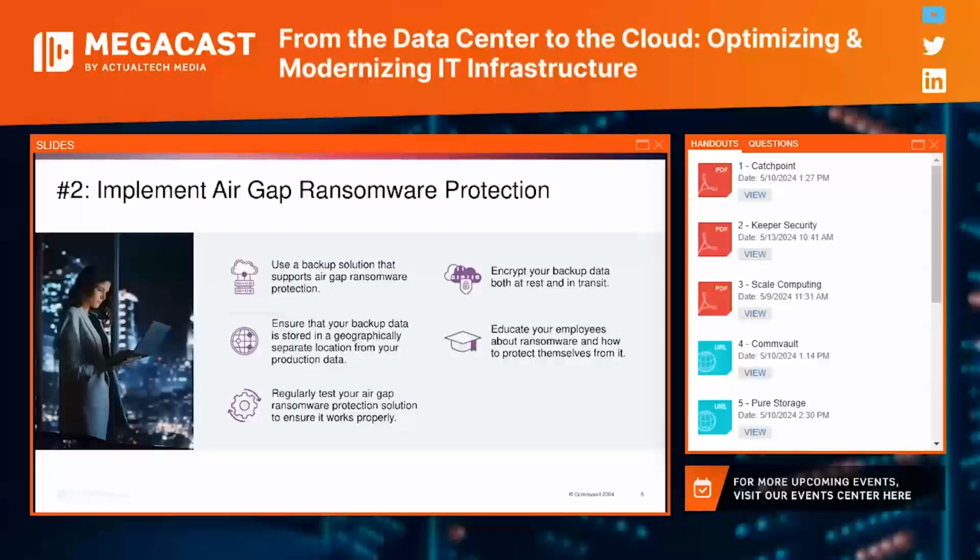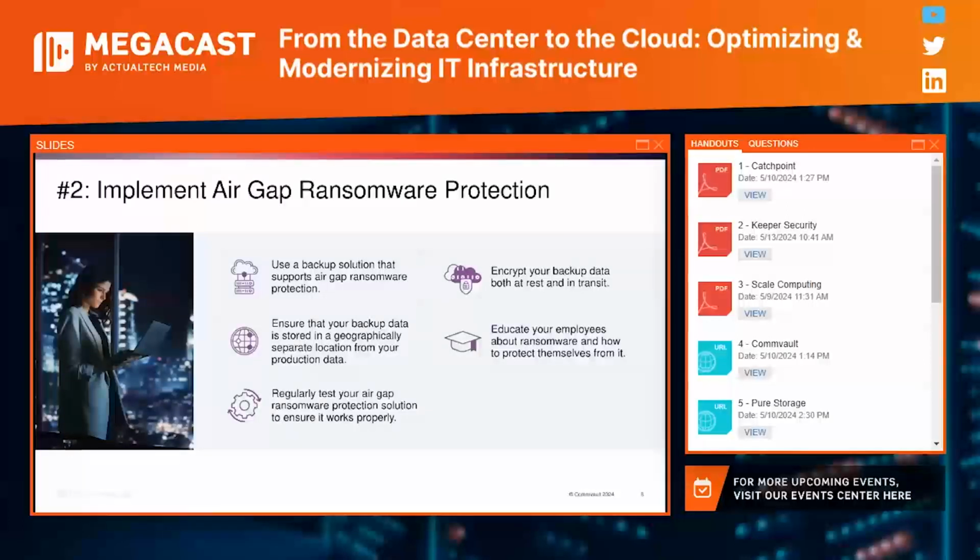Next, consider air-gap ransomware protection, which safeguards your company's data across multiple clouds. SaaS-delivered protection can create secondary data copies in resilient, immutable, and isolated cloud storage, ensuring that data remains unchangeable, isolated, and swiftly retrievable in the event of a ransomware attack. It provides an additional layer of security by creating a physical or logical separation between your production data and backup data.